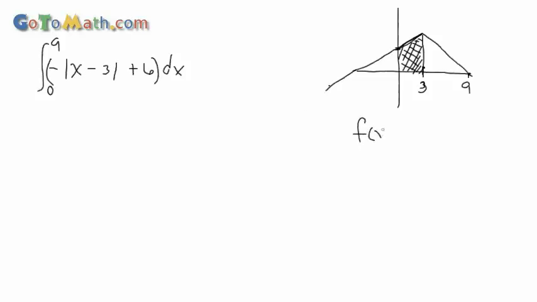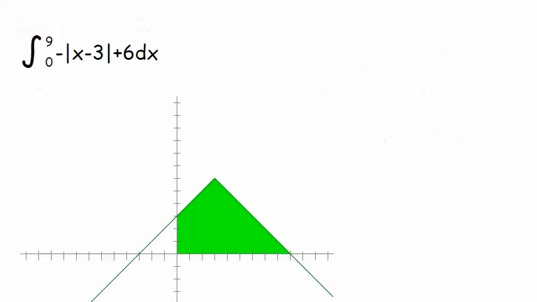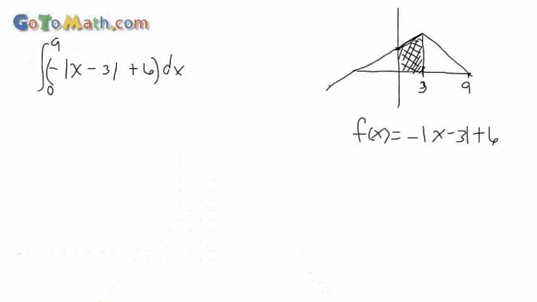So if f of x is equal to negative absolute value of x minus 3 plus 6, okay, then we can break this up into a piecewise function.